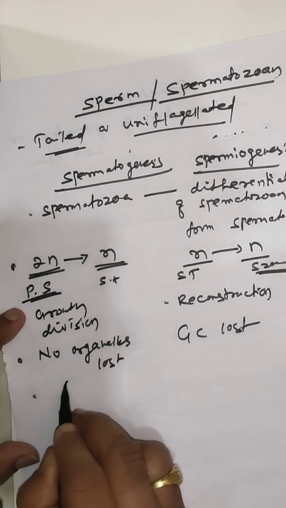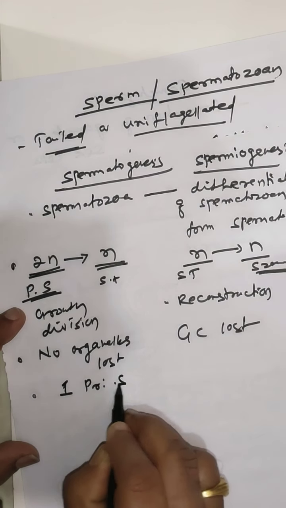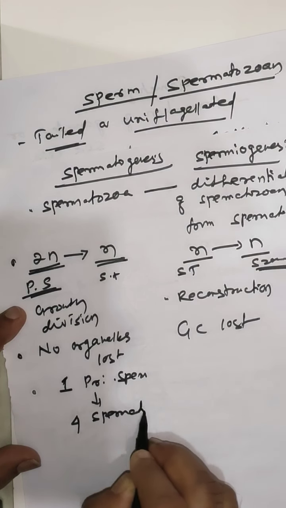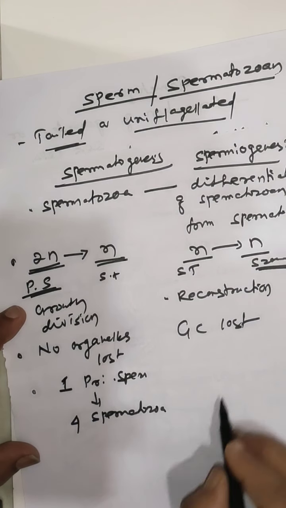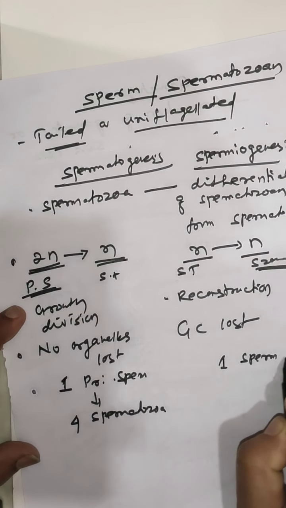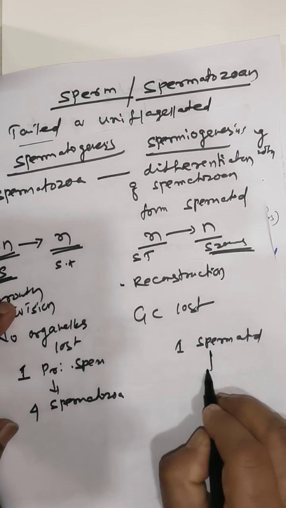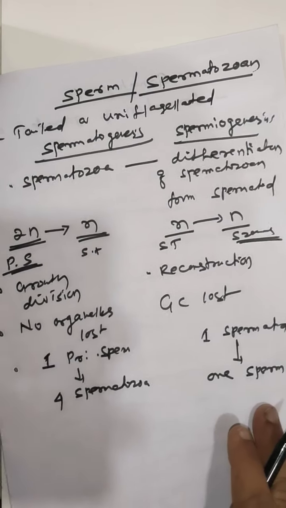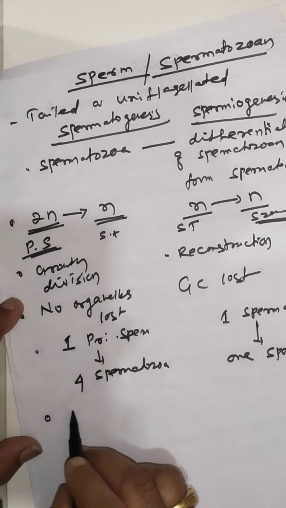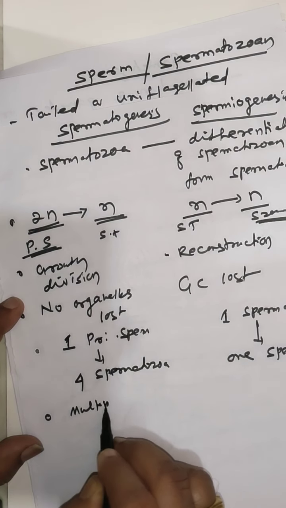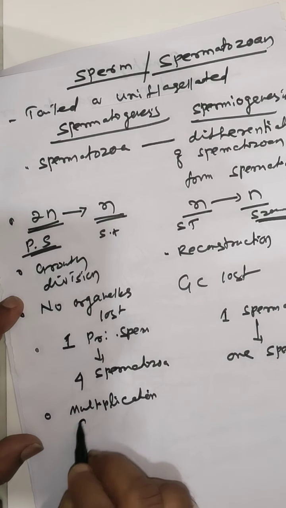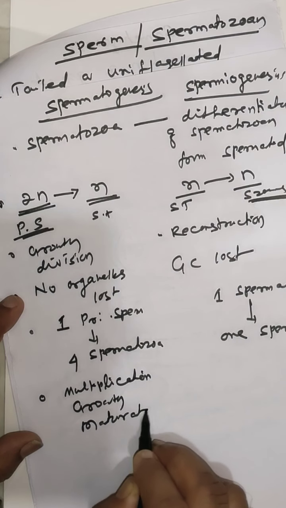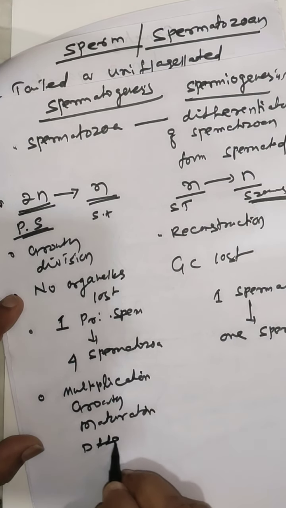A single primary spermatocyte produces four spermatozoa, whereas a single spermatid produces one sperm. Clear? Spermatogenesis occurs in a number of stages: multiplication phase, growth phase, maturation phase, and differentiation phase.